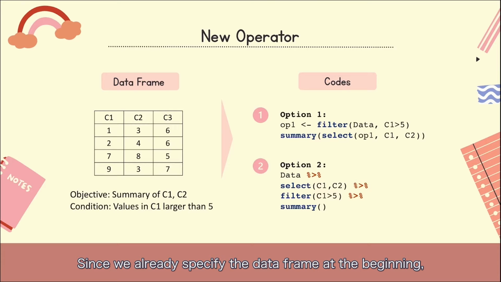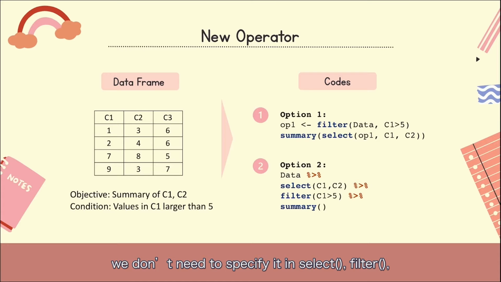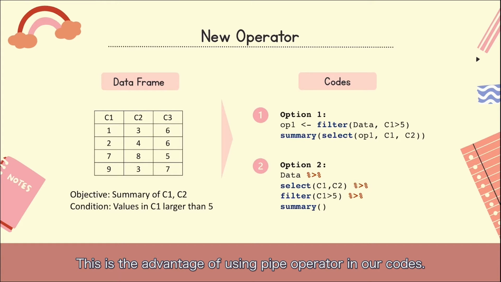Since we already specified the data frame at the beginning, we don't need to specify it in the select, filter, and summary functions again. These 2 codes give us the same result. However, the second one is clearer and easier for readers to understand. This is the advantage of using the pipe operator in our code.